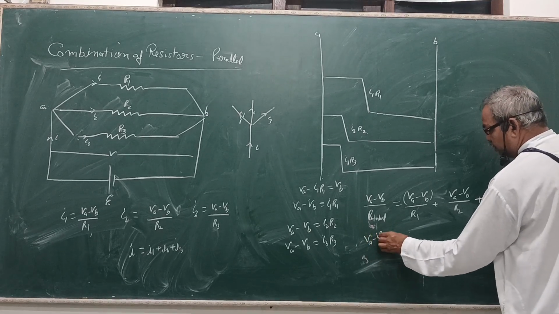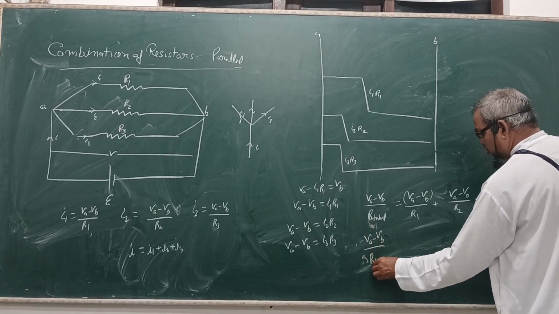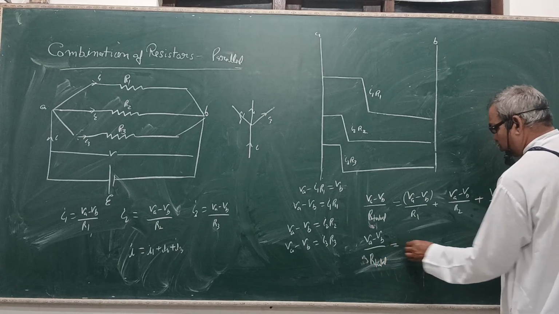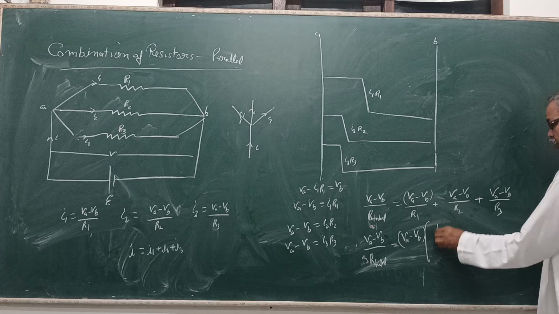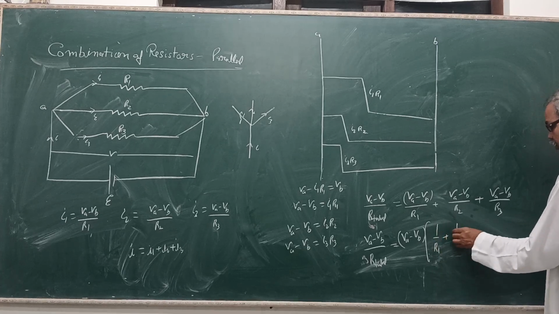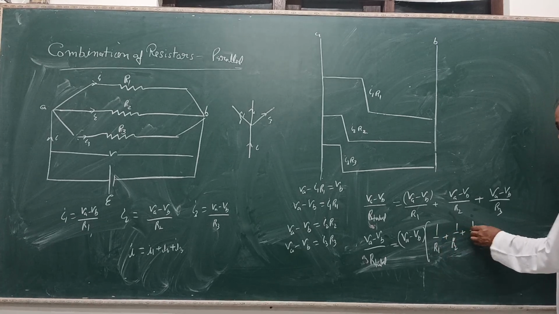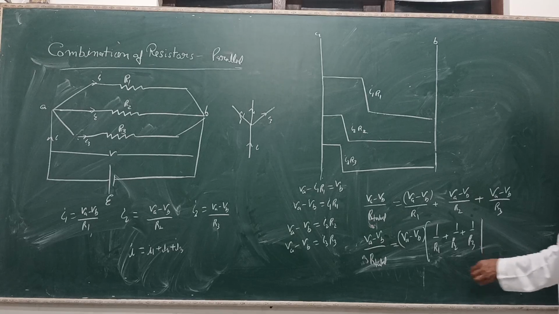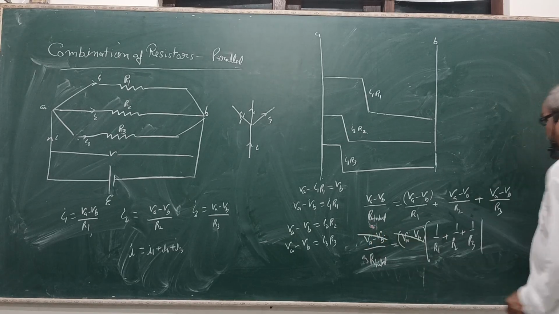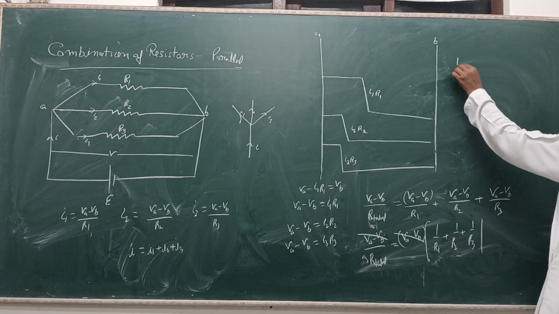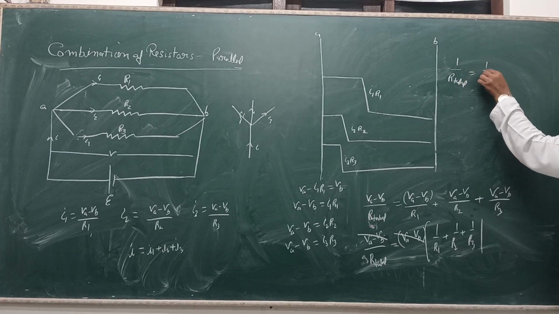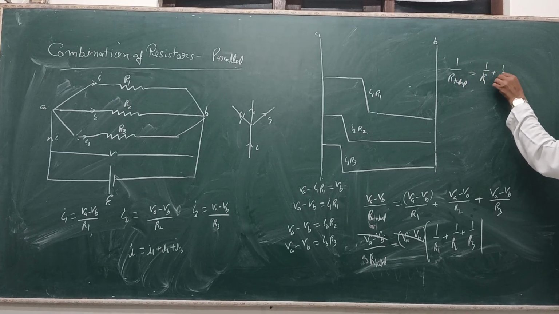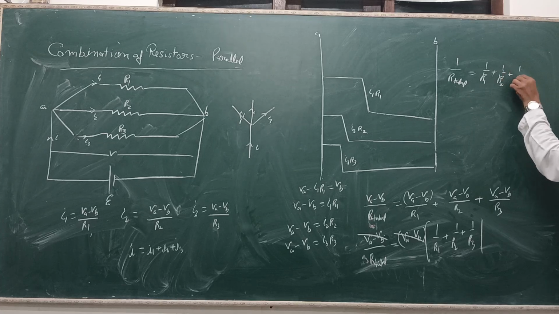So VA minus VB upon R total is equal to VA minus VB times (1 upon R1 plus 1 upon R2 plus 1 upon R3). VA minus VB is cancelled. To find the resultant, the formula is 1 upon R total is equal to 1 upon R1 plus 1 upon R2 plus 1 upon R3.